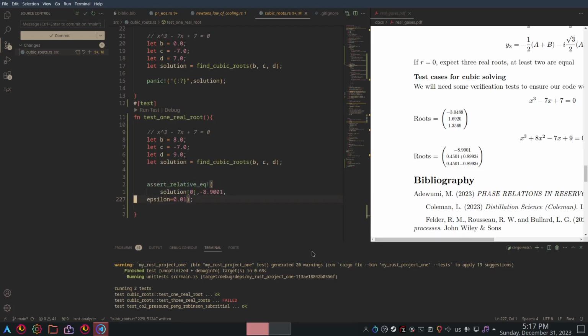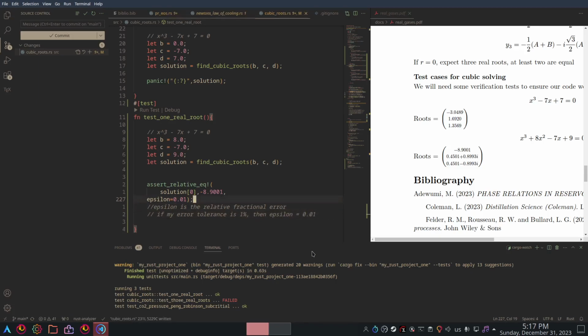I can actually change this. Let me write a comment here: epsilon is the relative error, fractional error. If my error tolerance is 1%, then epsilon equals 0.01, and so on.